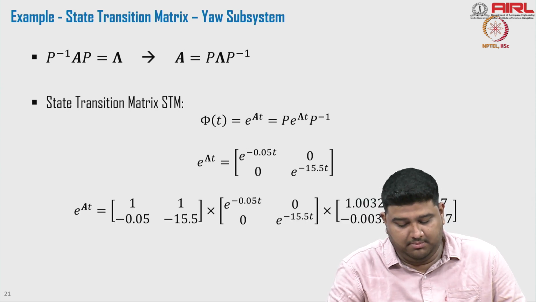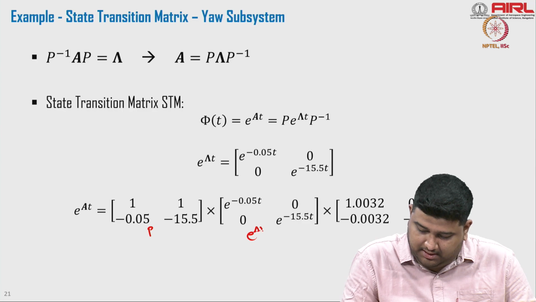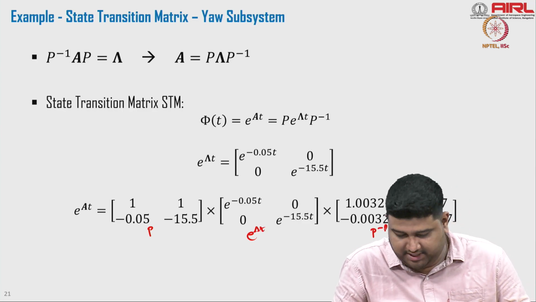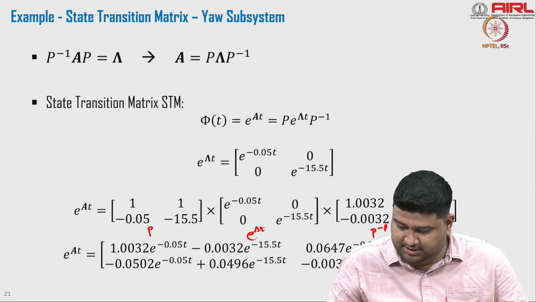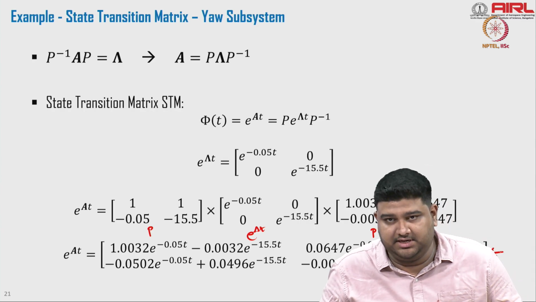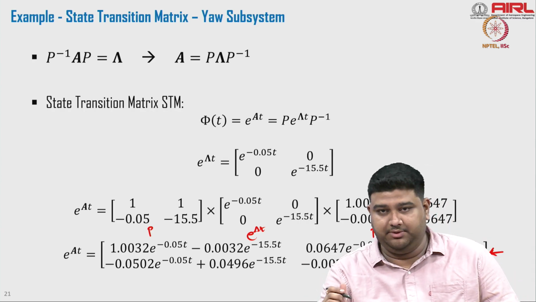Now if we multiply P, e power lambda t and P inverse, we will actually get the state transition matrix e power At, which is the final equation here. And this is necessary to calculate the solution to the state equation of the yaw subsystem.